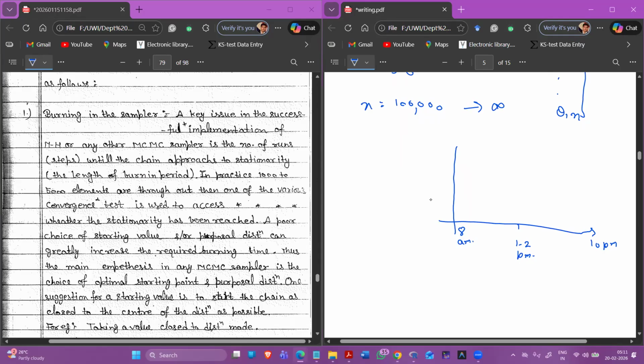On the y-axis you have the number of customers. At 8 a.m., this is the breakfast time, 8 to 10, the number of customers in the restaurant is very high. Yes or no?